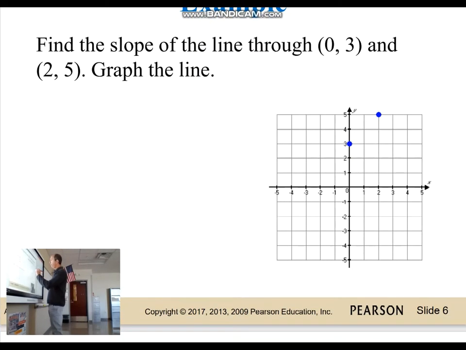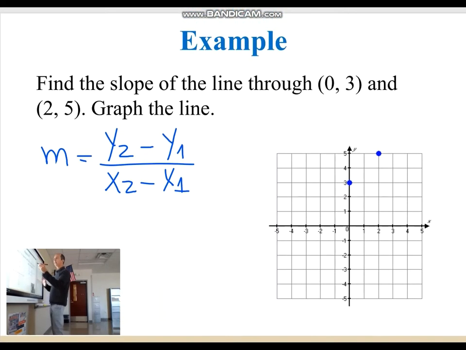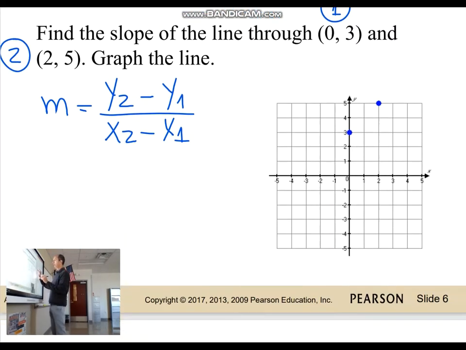We will use the formula m equals y2 minus y1 over x2 minus x1. We can say this is point 1, and this is point 2.